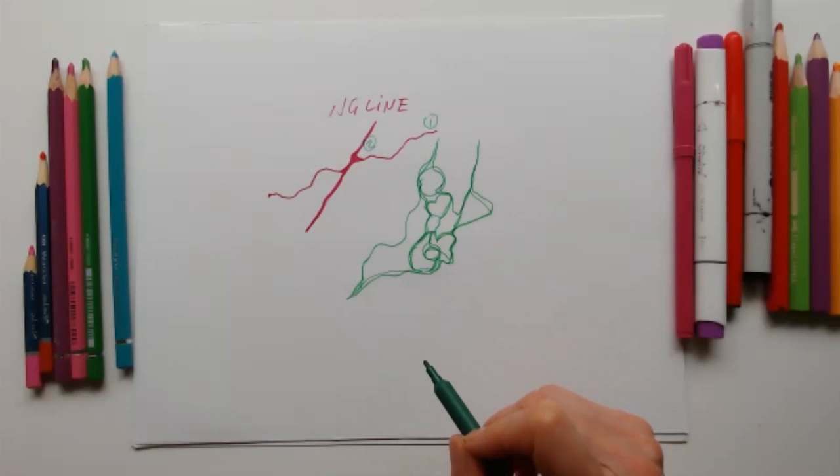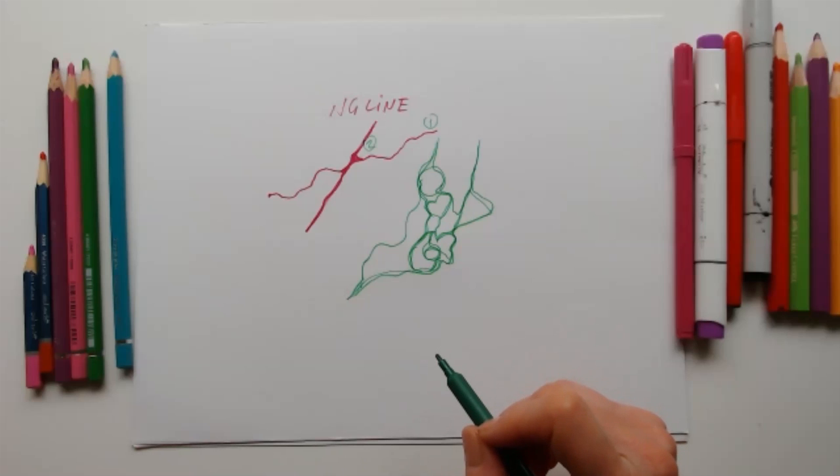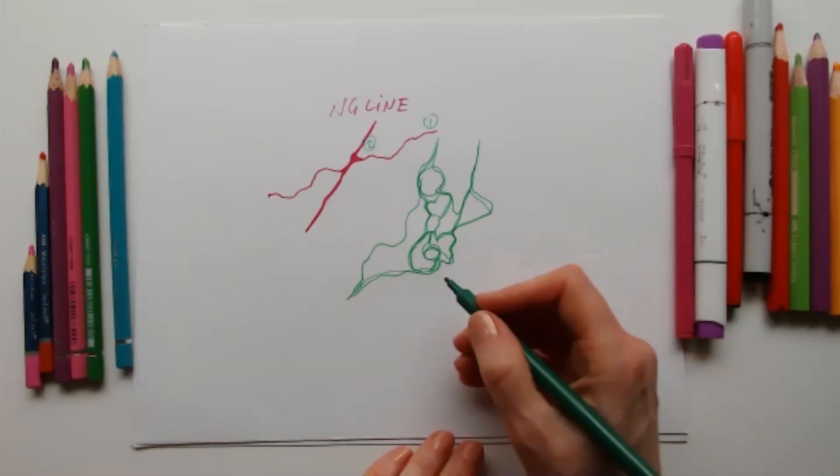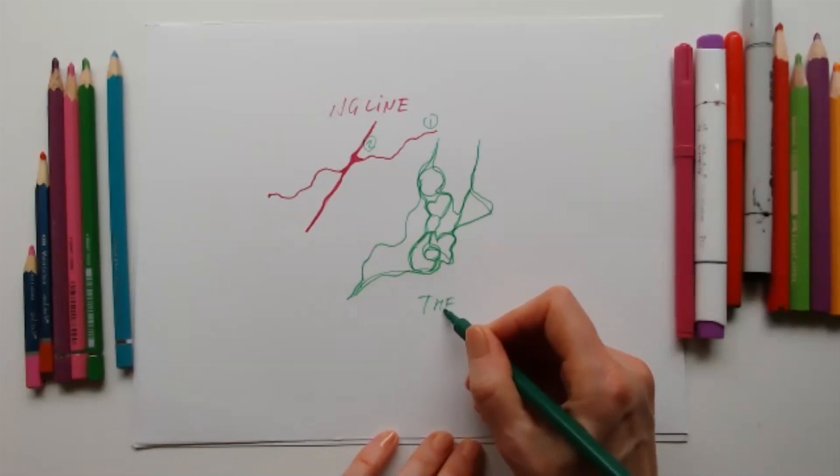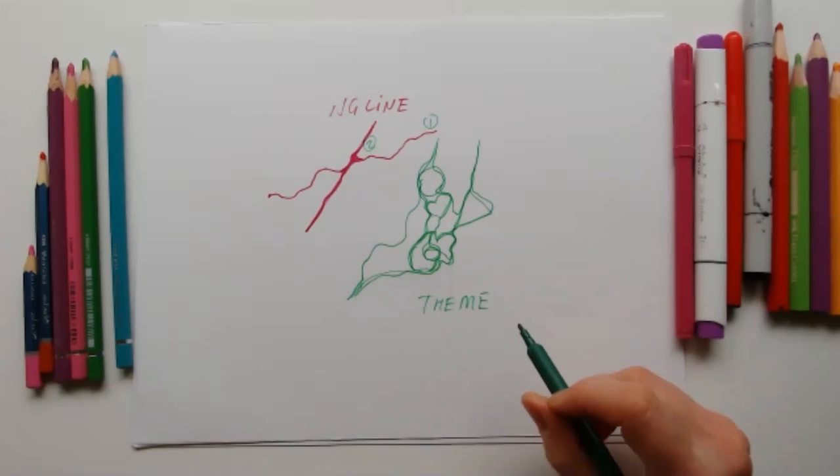All NeuroGraphic art uses a theme, which we use to address an issue, meet a challenge, or answer a question to gain insight. We call it a theme, which is the topic of our drawing.